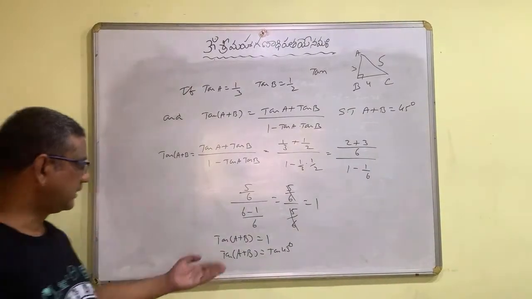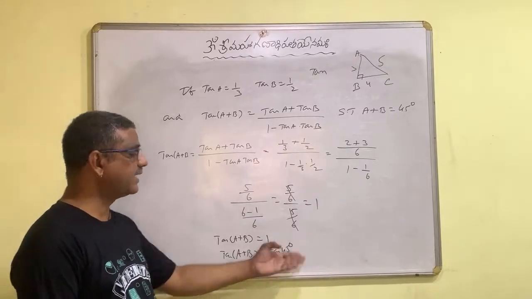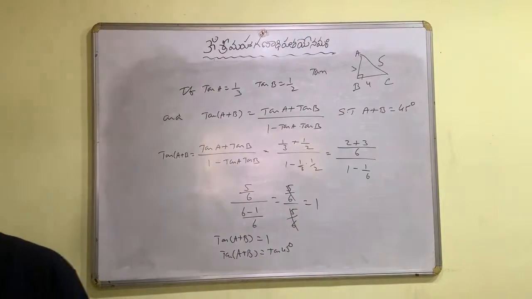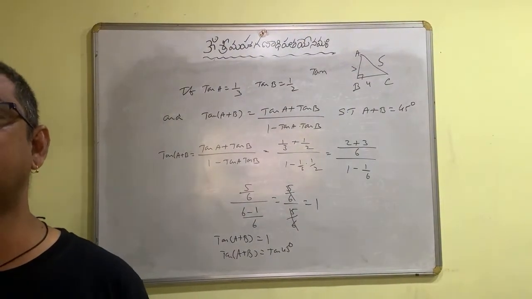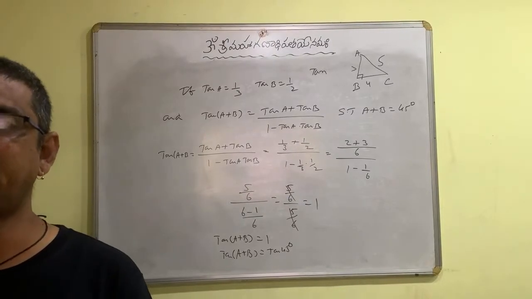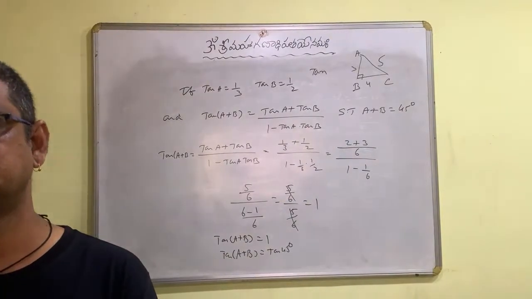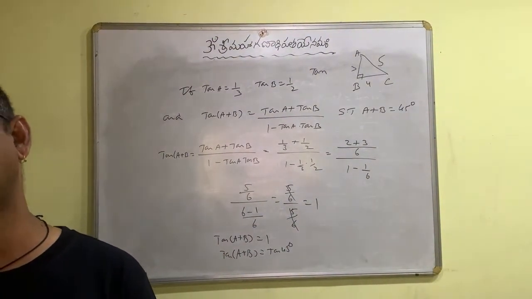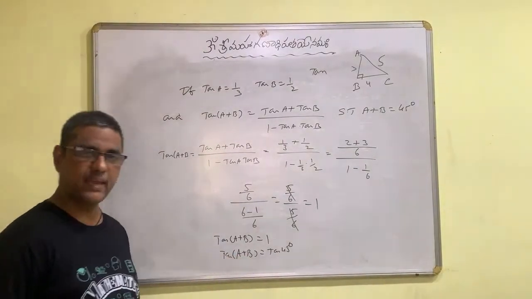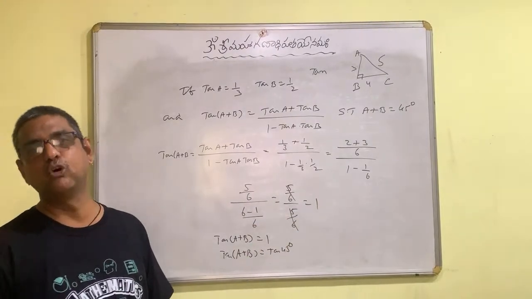Okay? Tan of A plus B, if I wrote sin of 90, there is no relation between tan A and sin A. Tan A, sin A values, if you observe, there is no relation between them. But there is a relation between sin A and cos A. So for tan of A plus B, we need to see the same ratio on the RHS also.